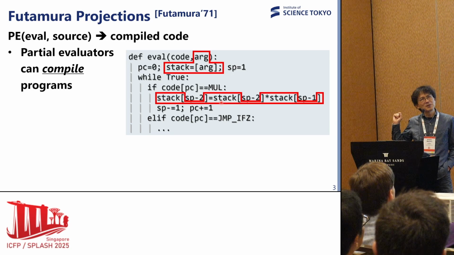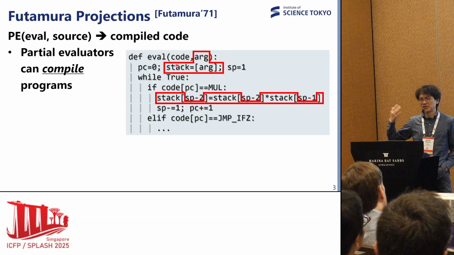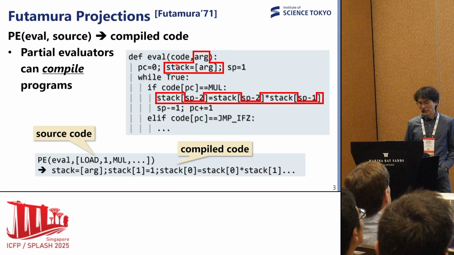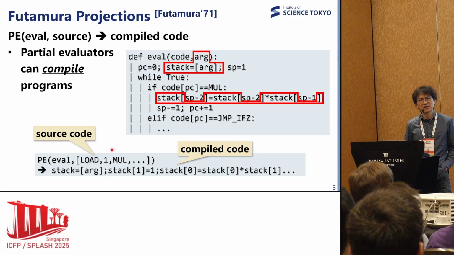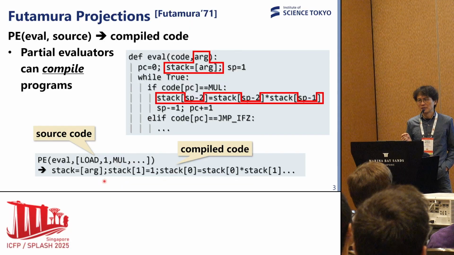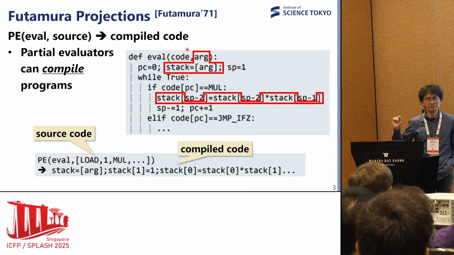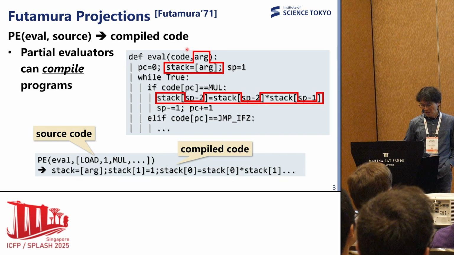If we specify that we only want to partially evaluate with respect to the code input, and those red parts are dynamic, then if we provide the source code, which is a bytecode sequence, we will get this kind of compiled code, which only consists of the manipulation of stacks, and there is no code that manipulates this code parameter. So in that sense, this partial evaluator compiles from this source code into that compiled code.